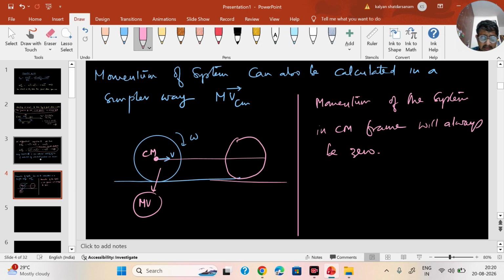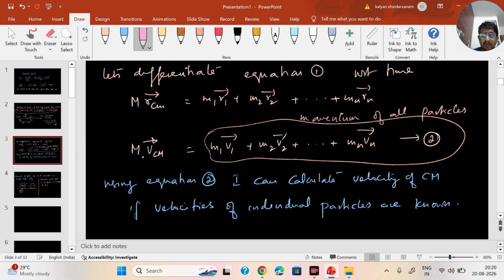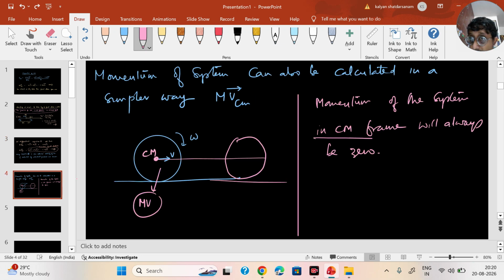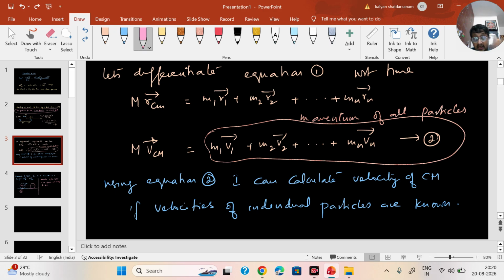How? Look, you are finding momentum of system by going to each particle. That's fine. But I do it in a different way. I take total mass and take velocity of center of mass in ground frame and find momentum. But now I am in center of mass frame. Center of mass frame means you are standing on center of mass and going along with it.